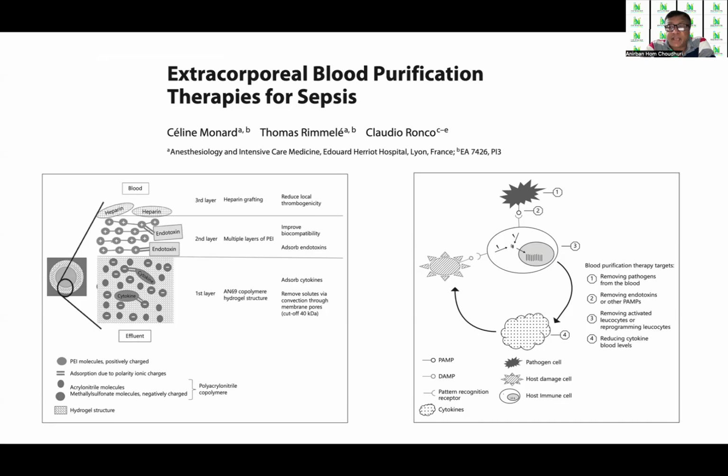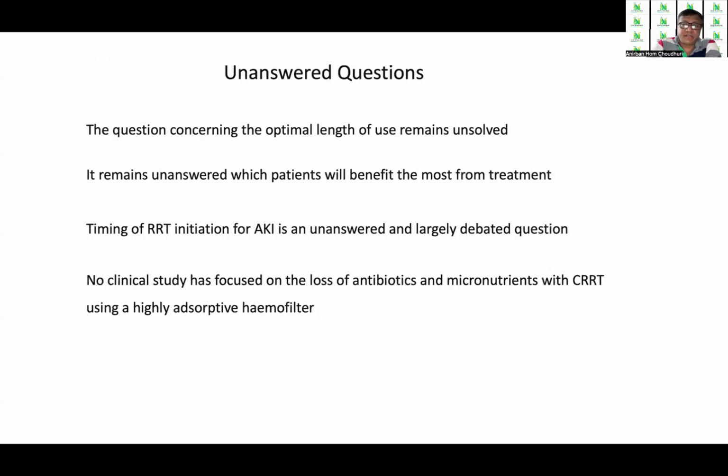So all of these actions have some or more influence on the overall outcome of the patient. But there seem to be a lot of unanswered questions, like the optimal length of use remains unsolved. And it also remains to be answered which patients will benefit most from the treatment so that it can be offered on a selective basis.